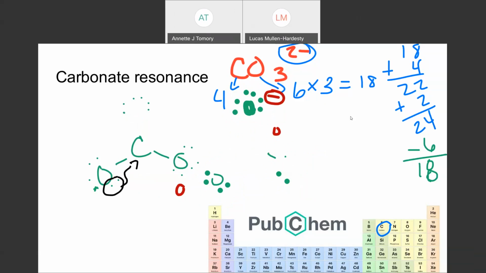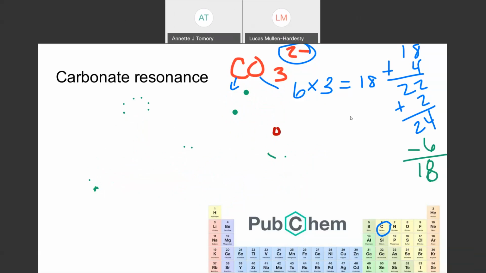I'm going to erase this so that I have more room to write. All right, so carbon is in the middle. Double bonded oxygen. That's what we just figured out, right?